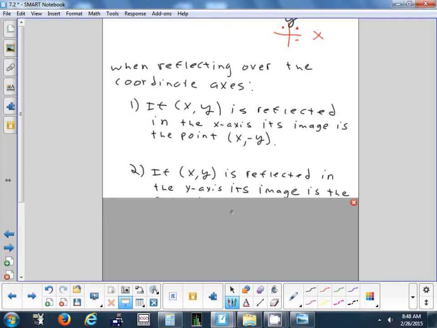Anyone have a guess what the pattern would be for that? James? If we reflect a point over the y-axis, what do you think the formula is? Shortcut, kind of like we did up here.